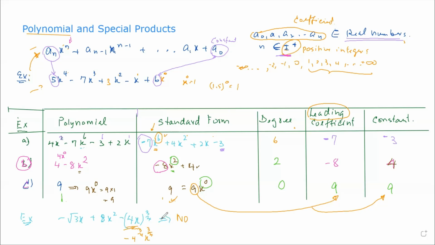Okay, then this one is not a polynomial because of this term, because this one has index 3/4, which is not an integer, not a positive integer. But this term is okay, correct. And this one is okay also because it is x power 1. But as long as one term is not in the condition of the definition, then you say no right away.